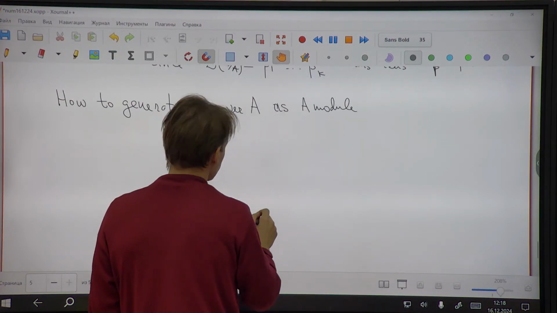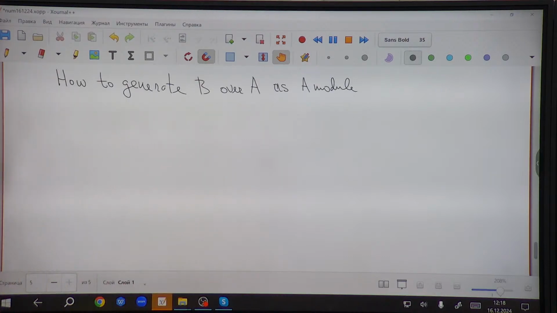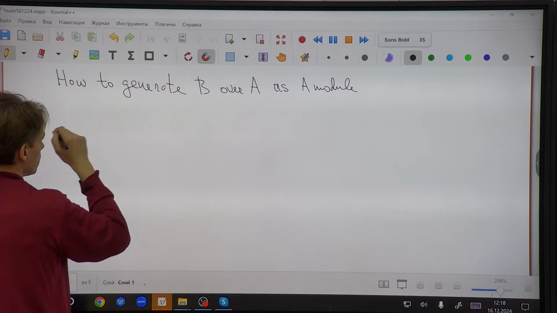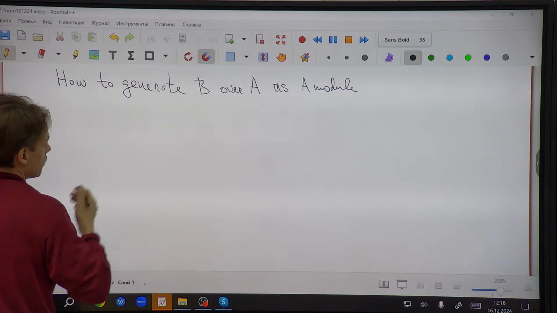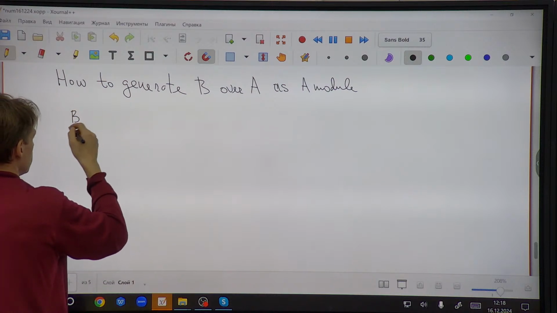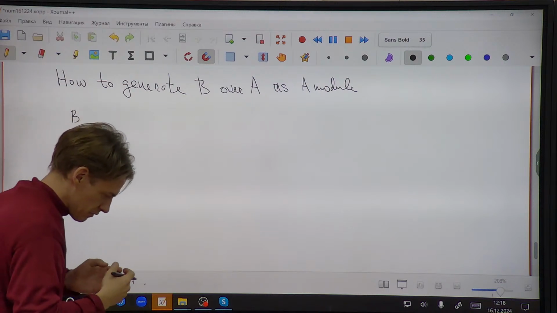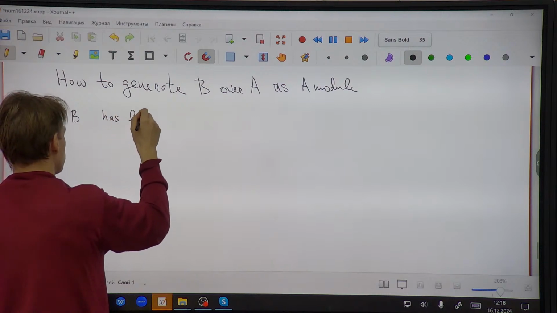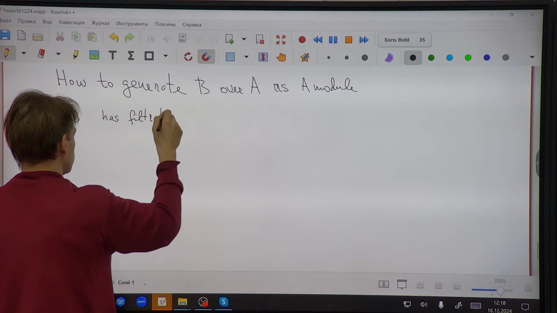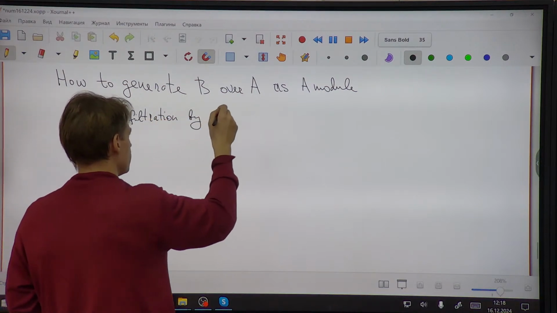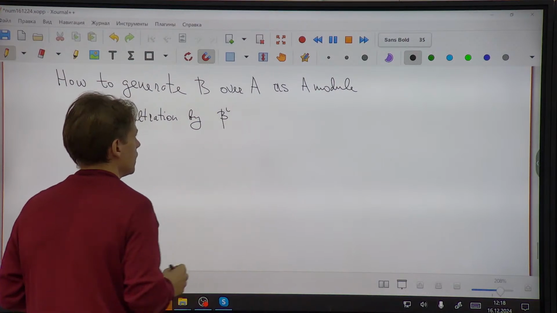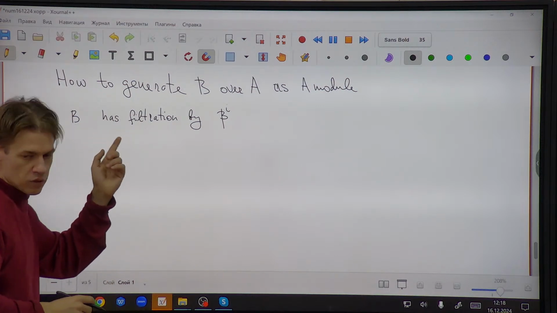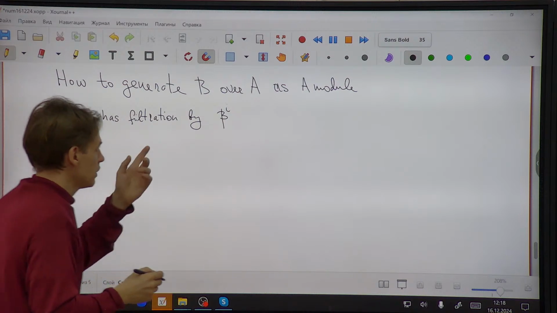First of all, I claim that B has a filtration by beta^i's.